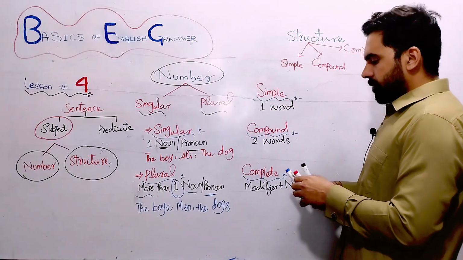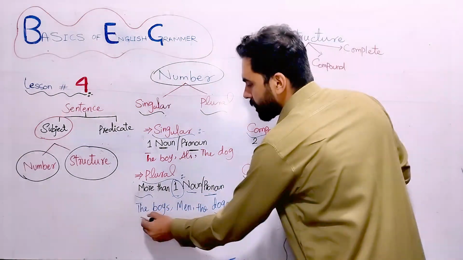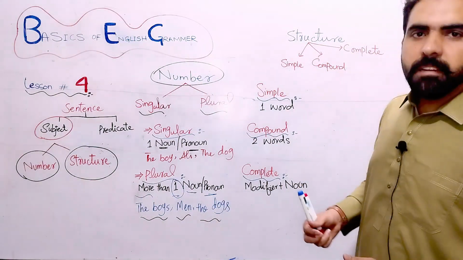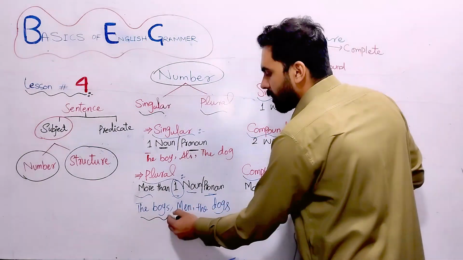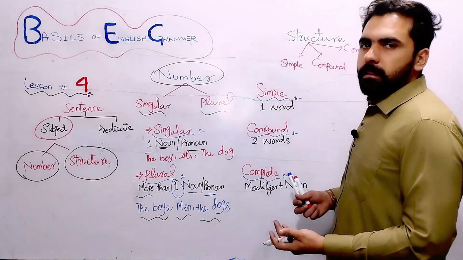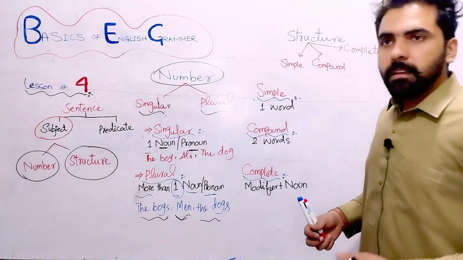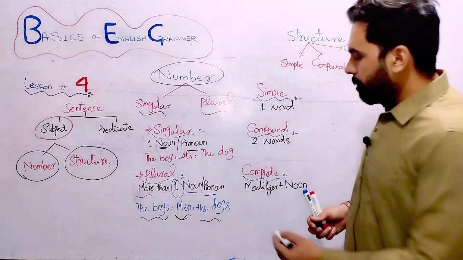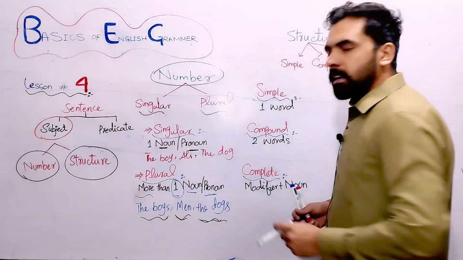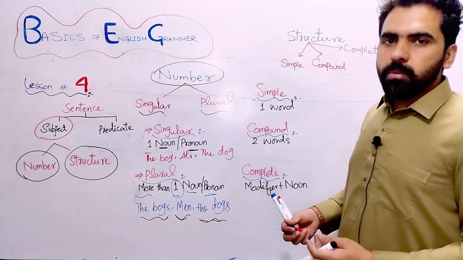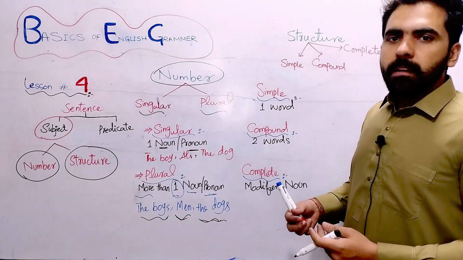These words convey that all these subjects are more than one. The boys can be 2, 3, 4. Men can be more than one. The men can be 1,000 in number. Similarly, dogs can be more than one. Dogs can be 2, 3, 4, 5.